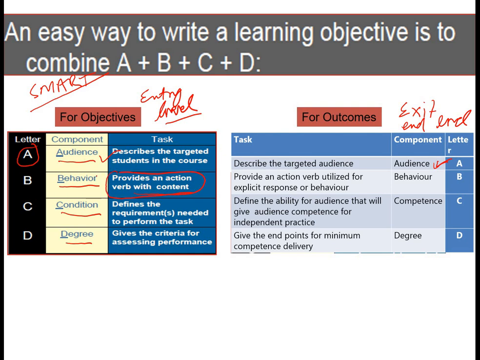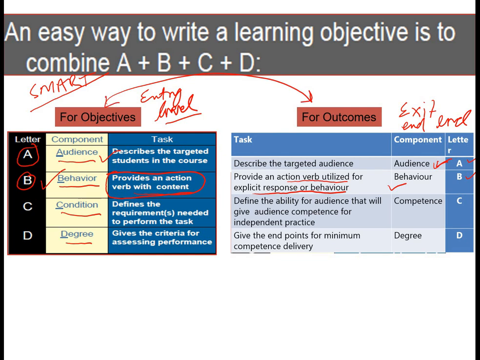Mostly students do not write the action verb, but this action verb will determine the level of your learning. Here your level of learning is explained as behavior, and here also it provides an action verb utilized for the explicit response or behavior. It is the same. So A and B are common in learning objectives and in learning outcomes.